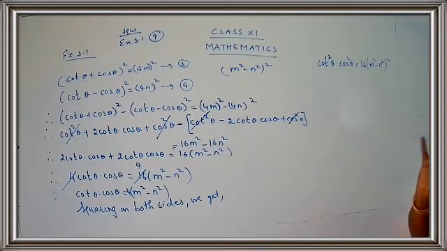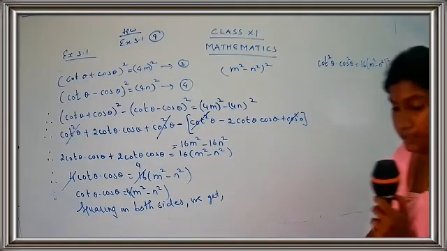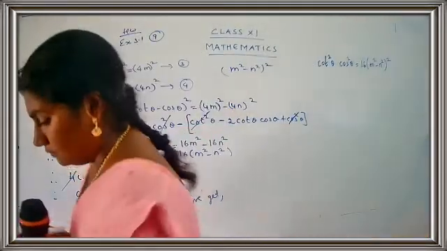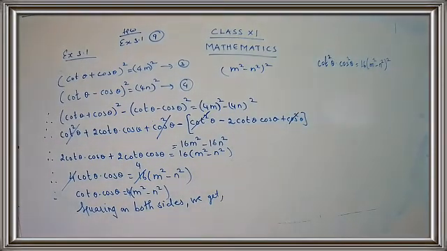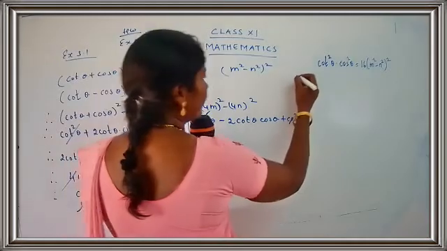Now, a small adjustment. Let's see the next step. Just write down: cot square theta into cos square theta is equal to 16 (m square minus n square) the whole square. Now, what I'm going to do, the small changes over here.